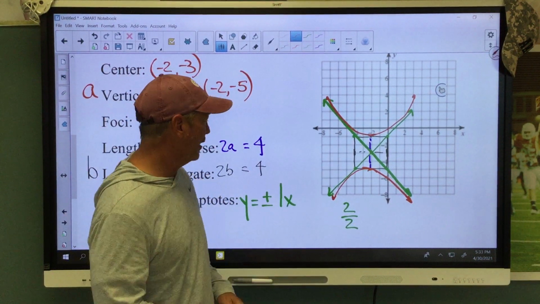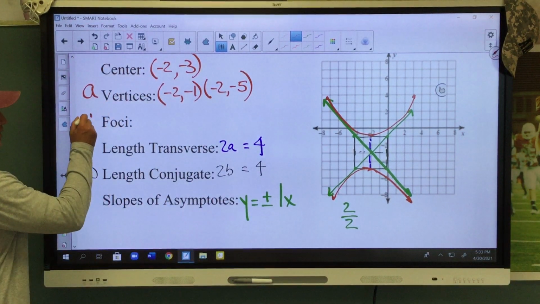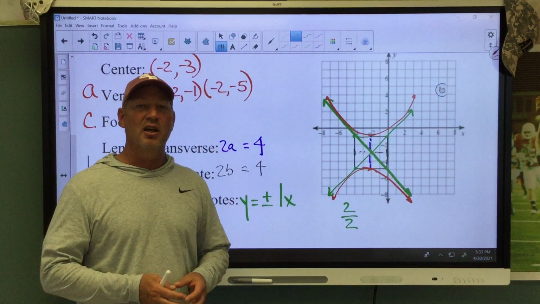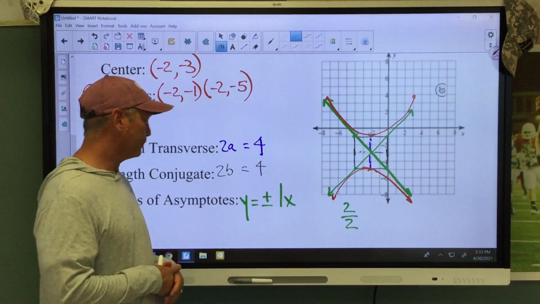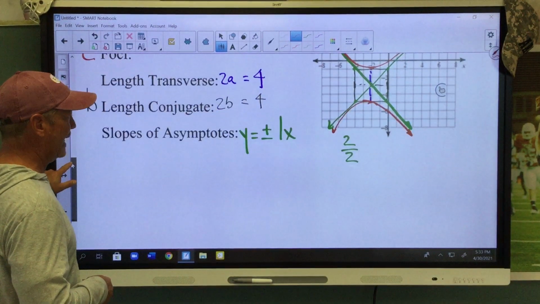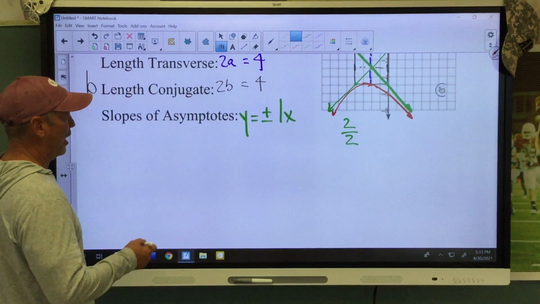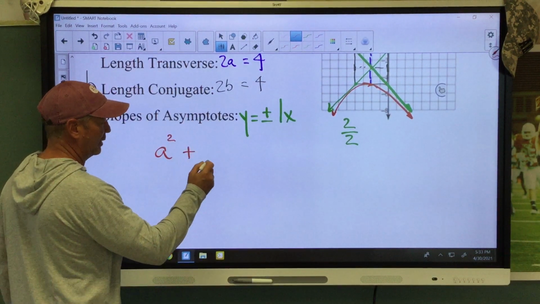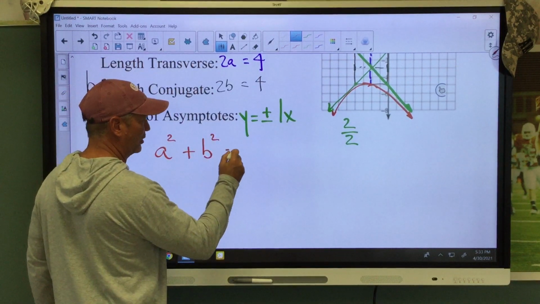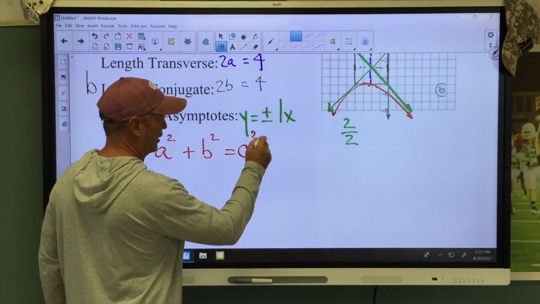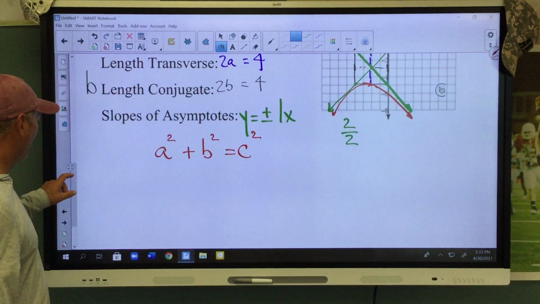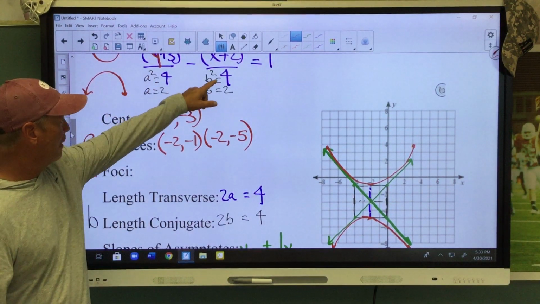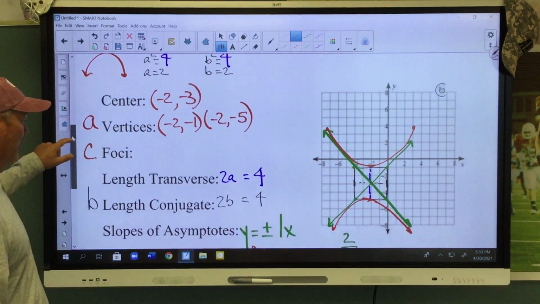And how do we get there? We need the C value. The C value will take us to the location of a foci. Okay? We were given an equation in our notes. Our notes say a squared plus b squared equals c squared. If you remember, a squared was 4, b squared was 4.